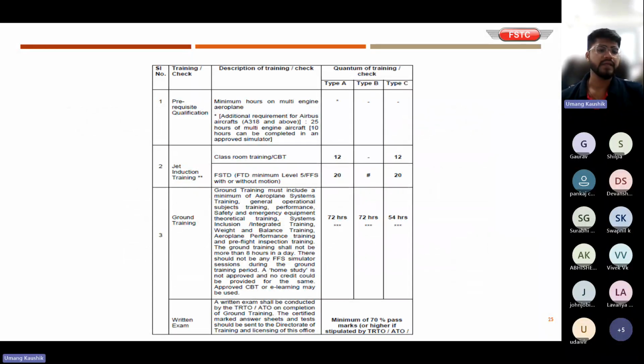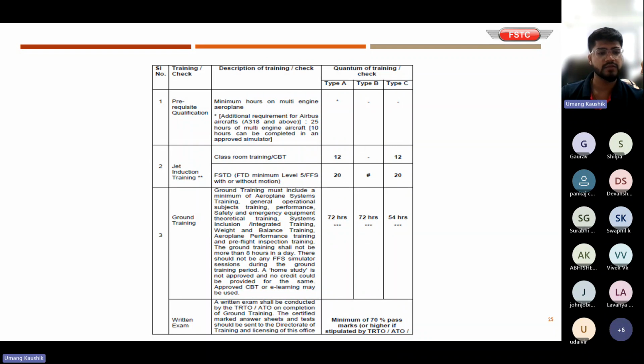Now, what are the requirements and the documents that you need to submit to get the type endorsement? First, the prerequisite qualification requirements. First one is minimum hours on a multi-engine aeroplane.